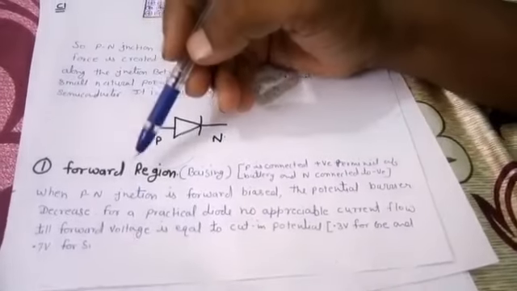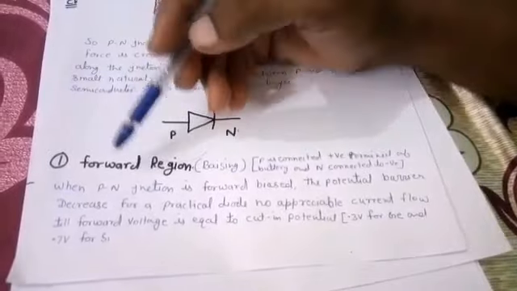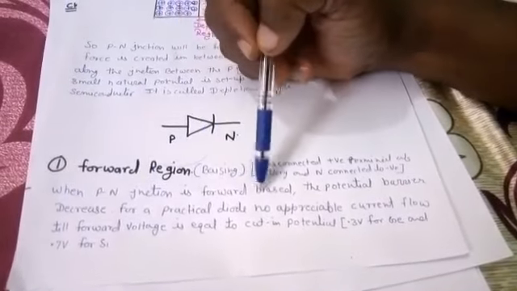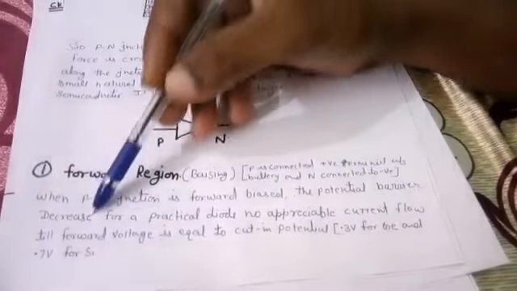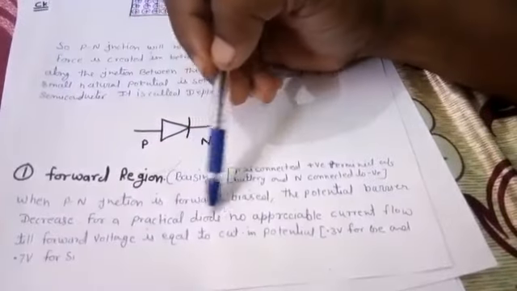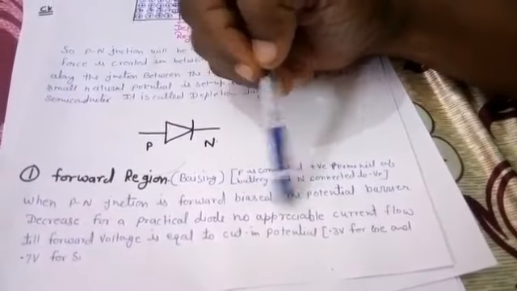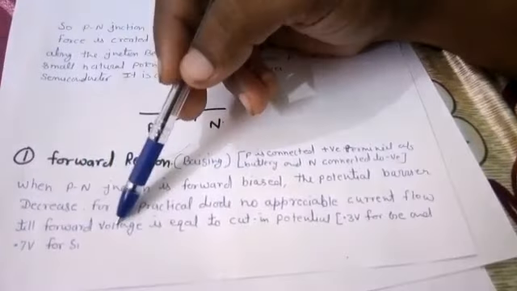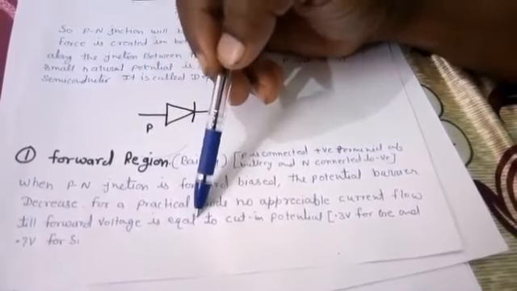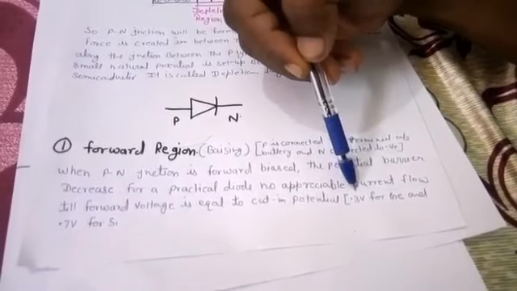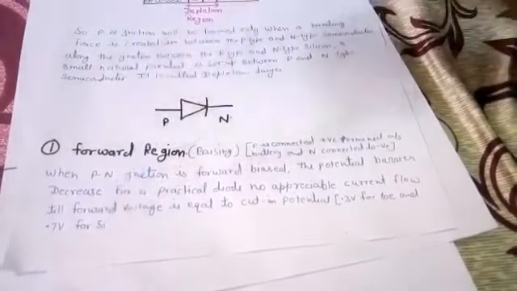So how does the diode work in a forward bias connection? When the PN junction is forward biased, the potential barrier decreases. For a practical diode, no appreciable current flows until the forward voltage is equal to the cut-in potential. The value is 0.3 volts for germanium and 0.7 volts for silicon.